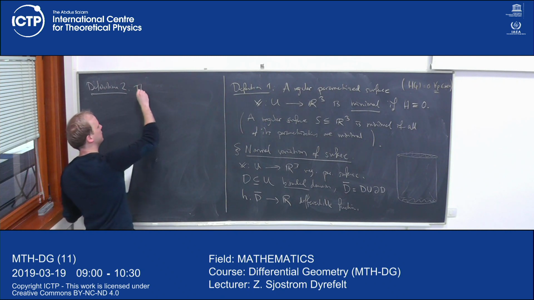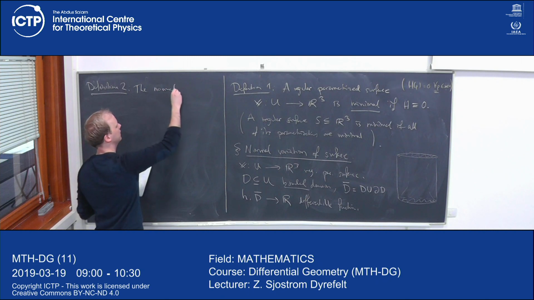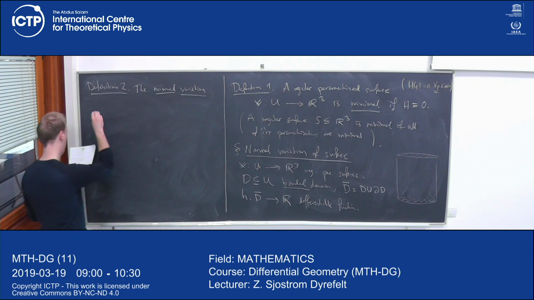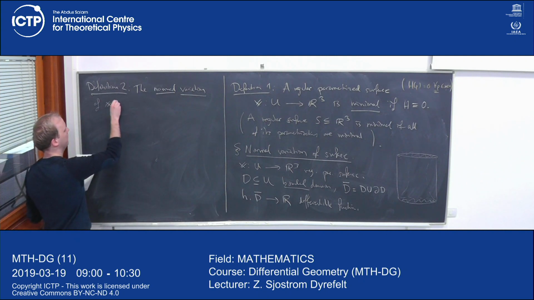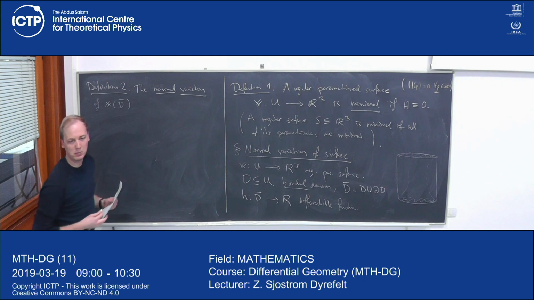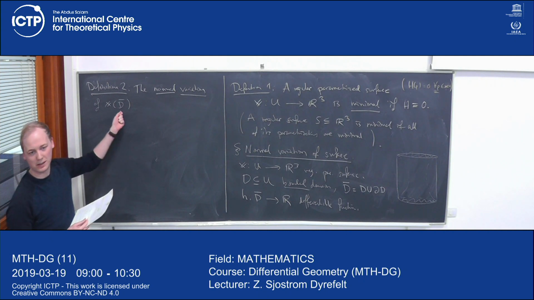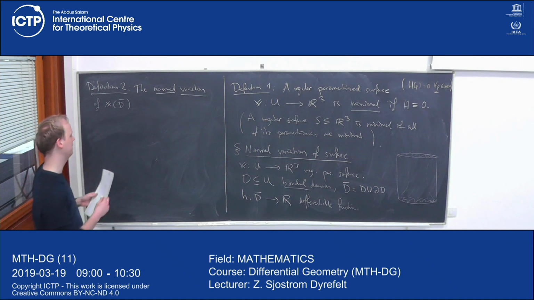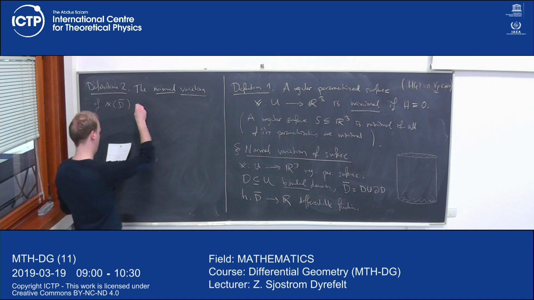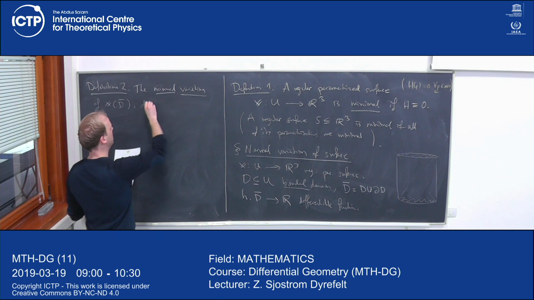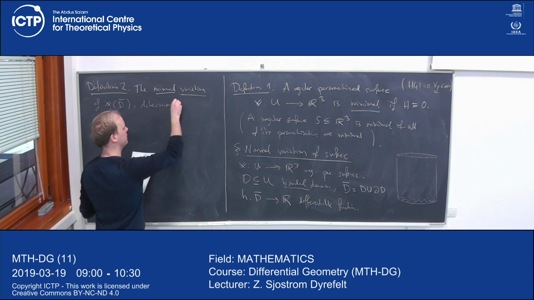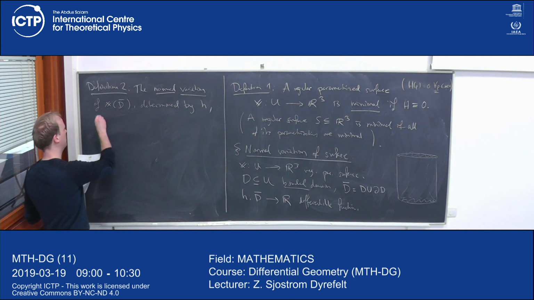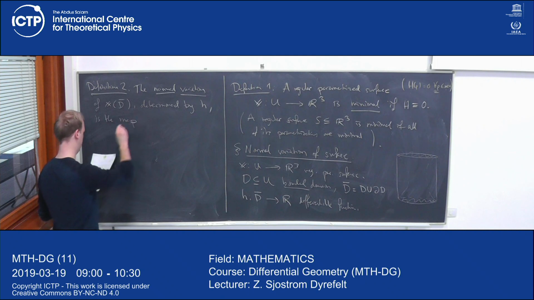The normal variation of this surface, which is x of D bar. So you see what this means. You take this bounded closed domain in here, and I look at the image of the surface I get. So x of D bar determined by the function h is the map.